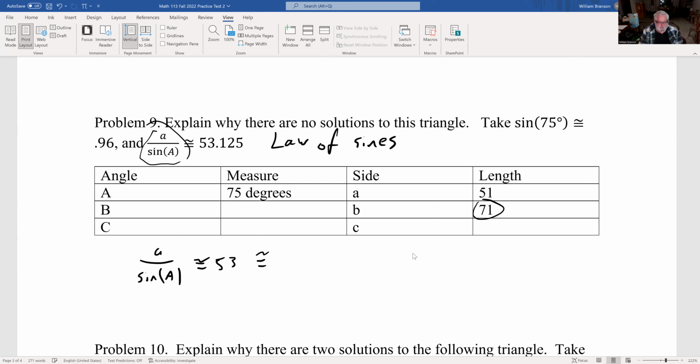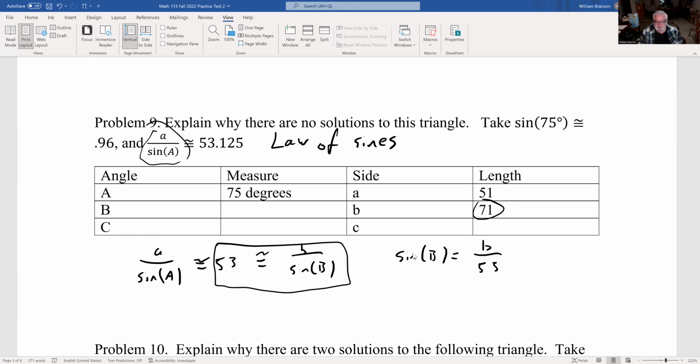But that means that B over sine B also has to be equal to that. So what does that tell me about sine B? Sine of B has to be equal to length of B over 53, right? So if I solve this equation for sine of B, I get this.